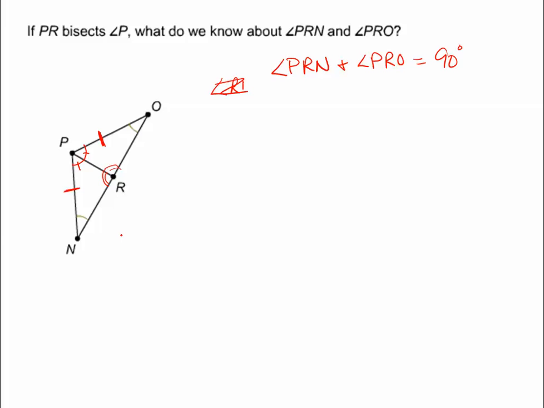We've learned that in our lessons. That's going to be an easy one to forget. Thus, PR is going to be perpendicular to NO. So by the definition of perpendicular lines, we know those angles are going to be right angles and their measure is 90 degrees.